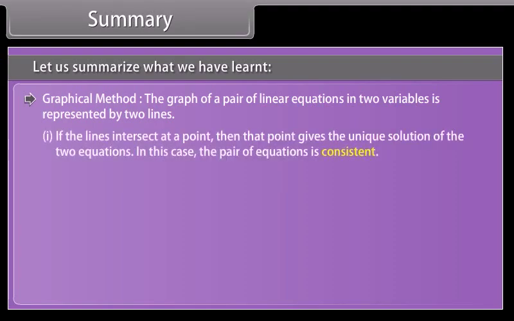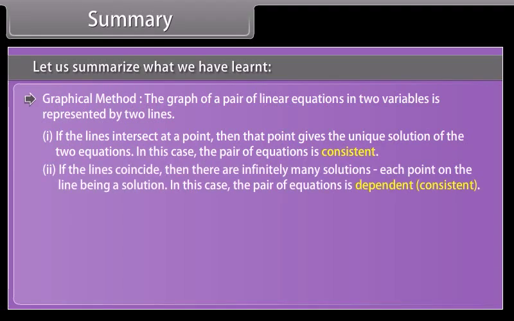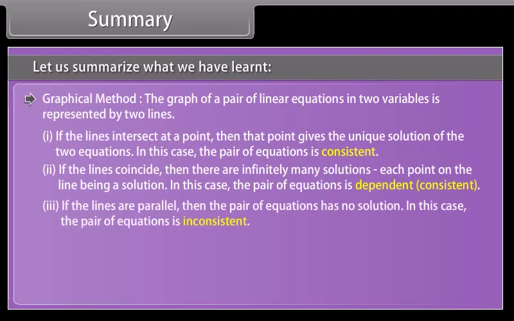If the lines intersect at a point, then that point gives the unique solution. In this case, the pair of equations is consistent. 2. If the lines coincide, then there are infinitely many solutions, each point on the line being a solution. In this case, the pair of equations is dependent, consistent. 3. If the lines are parallel, then the pair of equations has no solution. In this case, the pair of equations is inconsistent.